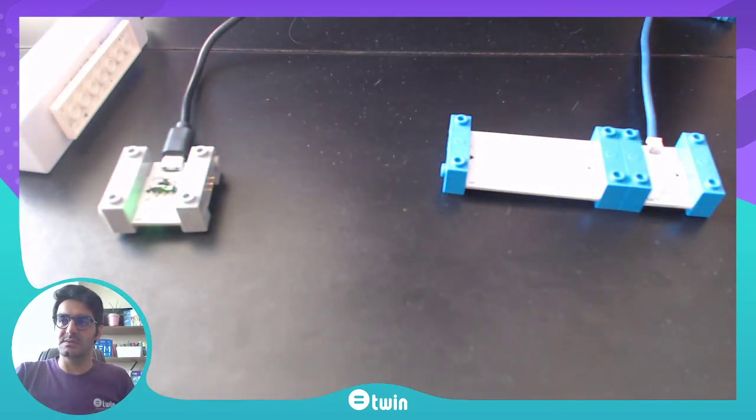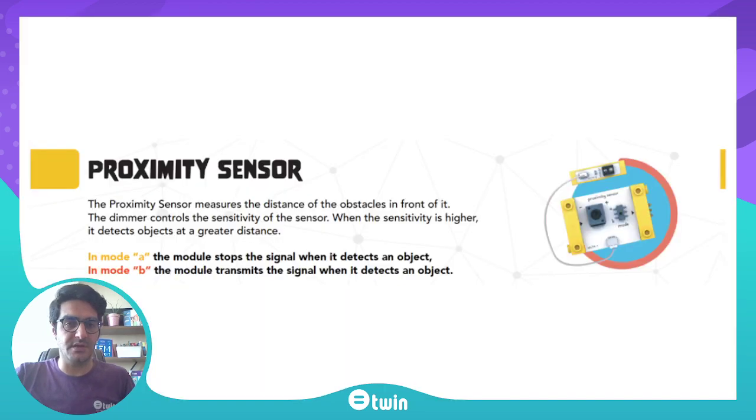So let's give some background information about our module. As I mentioned, it measures the distance of the obstacles in front of it. The dimmer on top of the module controls the sensitivity of the sensor.